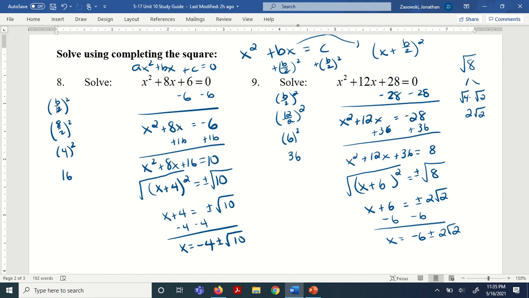Okay? In most instances, I would check my answer by using my calculator and comparing it to the answers in the multiple choice question. So I could have also just done x equals negative 6 plus or minus the square root of 8 if I didn't simplify. It's just that the square root of 8 became 2 square root of 2.